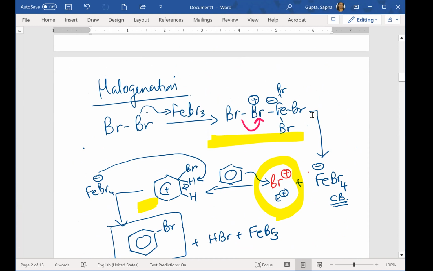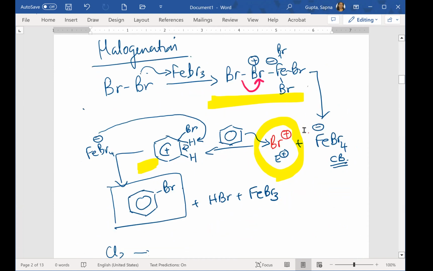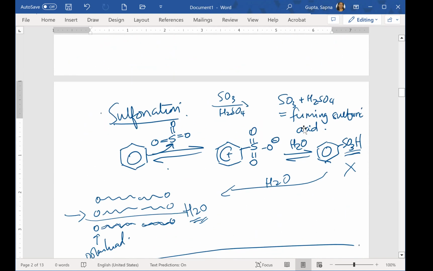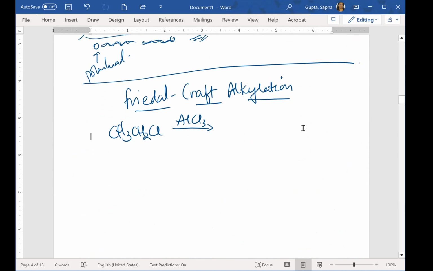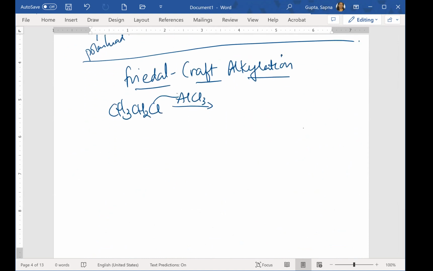So chlorination, bromination, that's how the reaction started, the halide attacks the Lewis acid. Okay, and once that happened, then you have the breakage to give you the cation. That's what we are going to do here also. So chlorine attacks the aluminum. So then you get CH3, CH2, Cl, and that is bonded now to AlCl3.